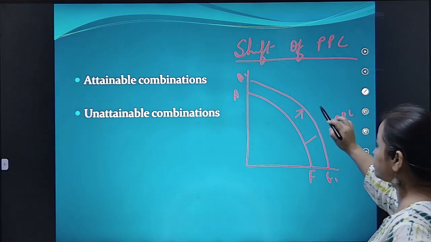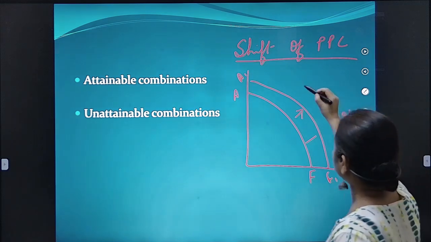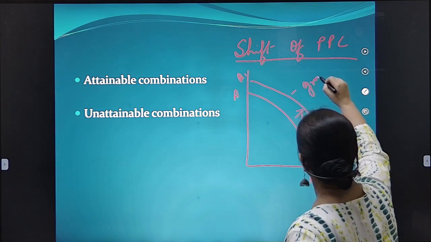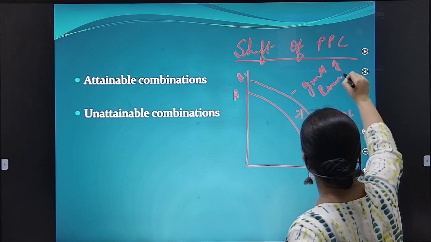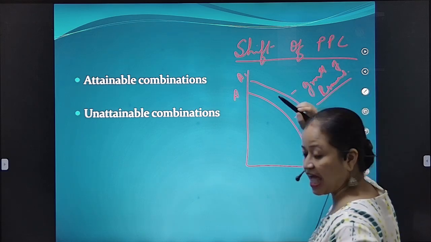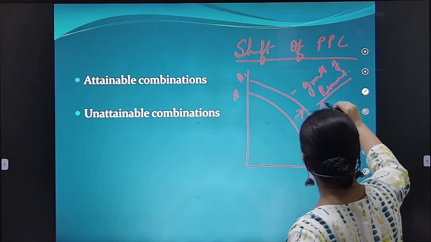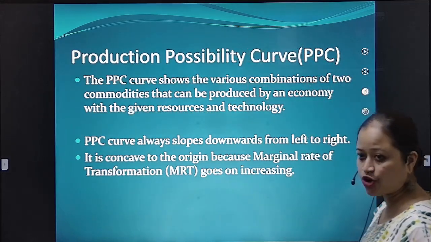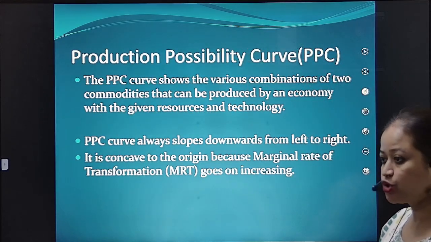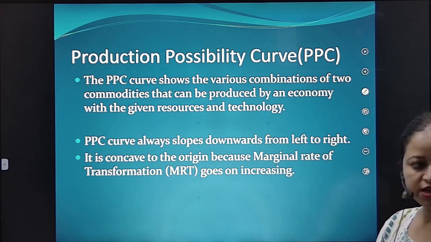When will it shift towards right? When there will be growth of resources, that is one, and when there is updated technology. Updated technology will be used, then more goods can be produced.